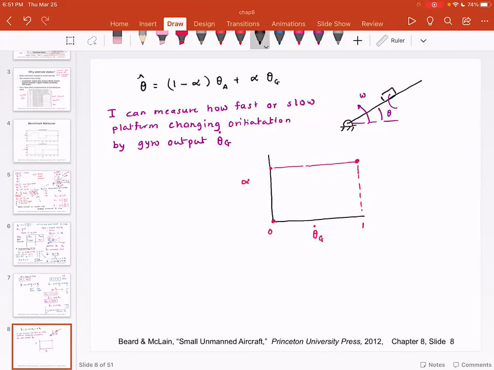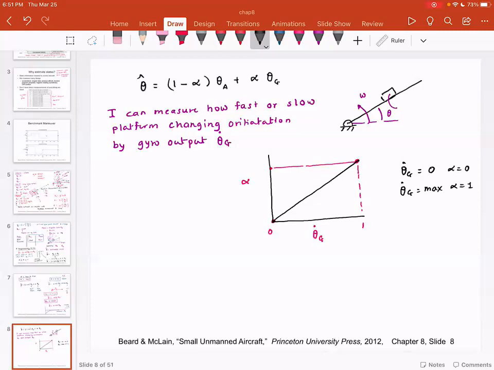So maybe you have some sort of a straight line wherein alpha is dependent on theta g. So let's look at the case. When theta g dot is 0, the value of alpha is equal to 0. When my theta g dot is equal to max, my value of alpha is equal to 1.